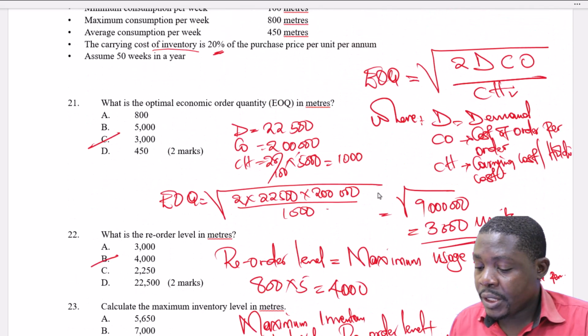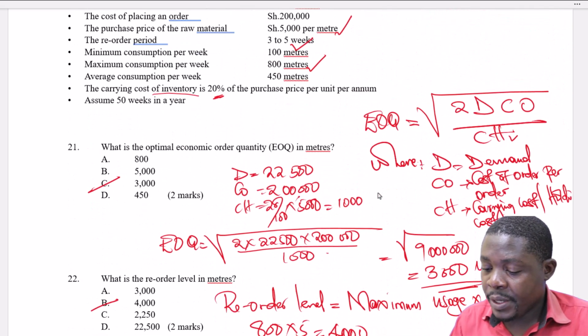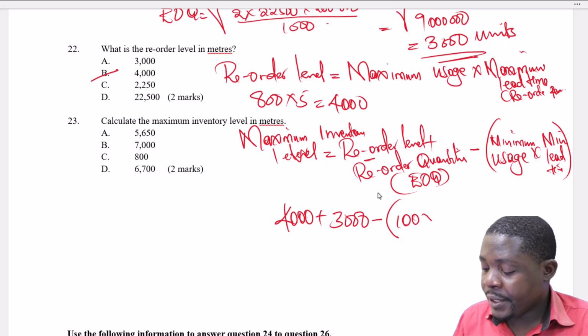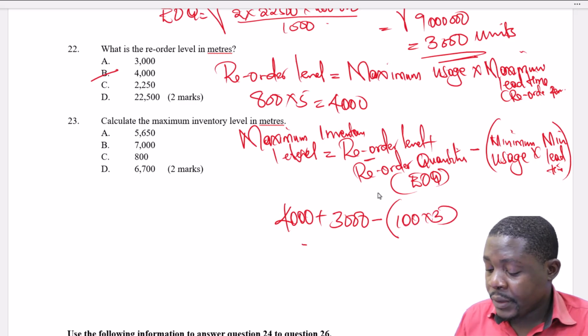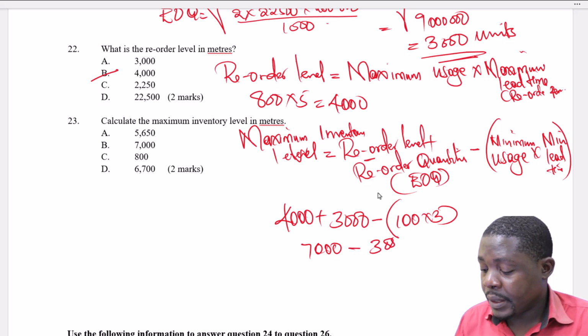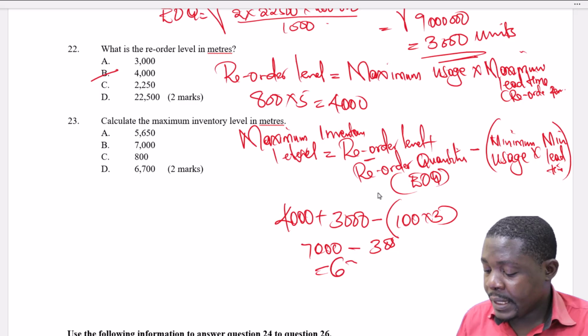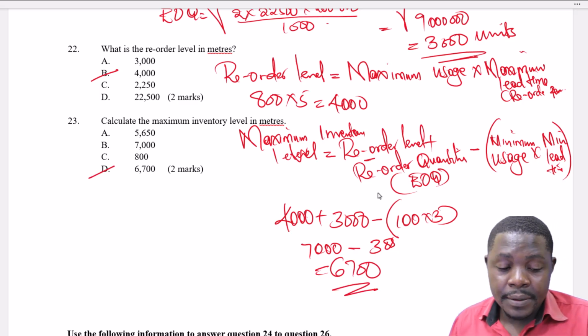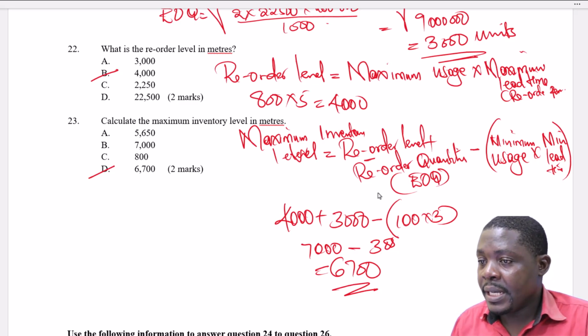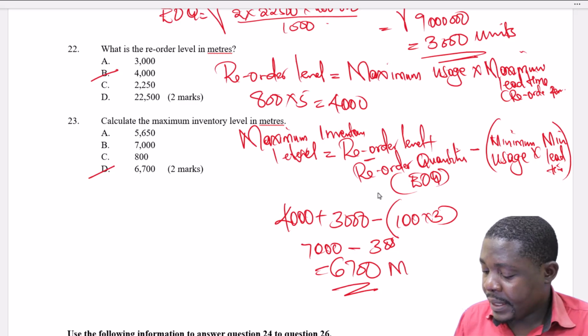Minimum consumption is 100 multiplied by 3, which is 300. So 7,000 minus 300, which is 6,700. The answer becomes D, that is in meters.